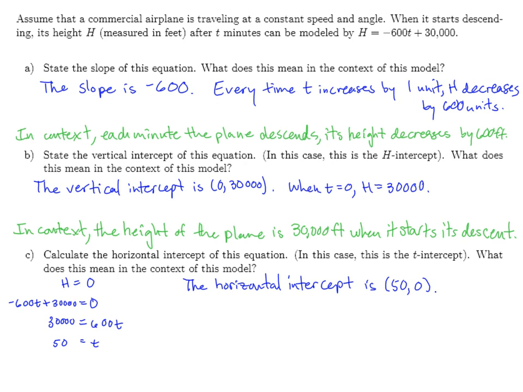We could also state that the plane lands after 50 minutes. But I'm going to stick with the height is 0. In context, the height of the plane is 0 feet after 50 minutes.